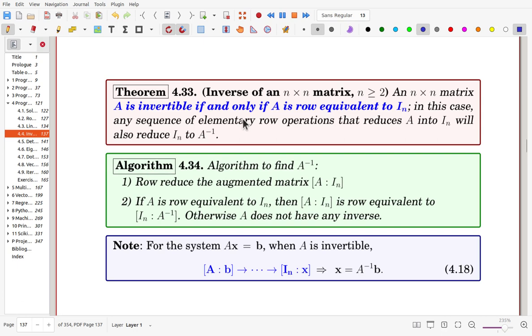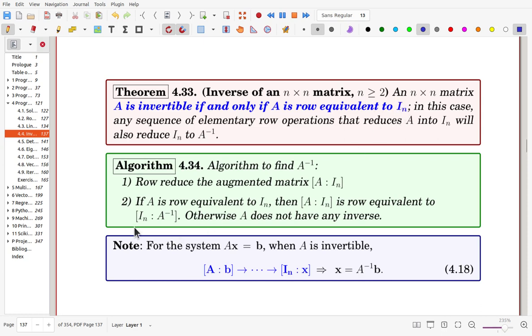This observation introduces an algorithm to find A inverse. Start with the augmented matrix, A and identity, and we apply elementary row operations to try to make the first part the identity matrix. If we know that A is invertible, then we can apply elementary row operations to reach the identity matrix.